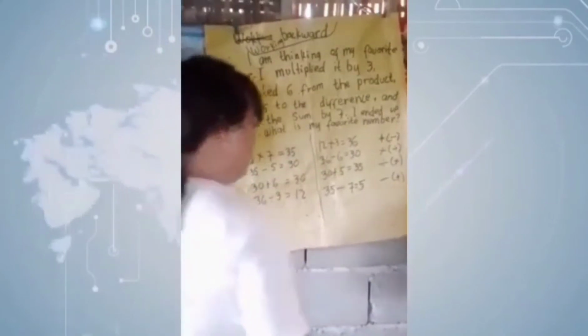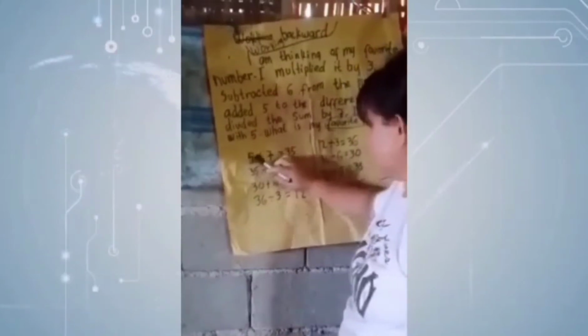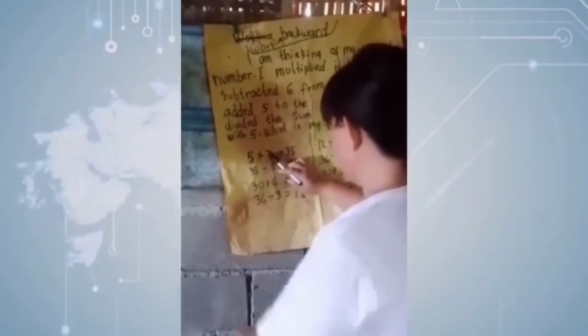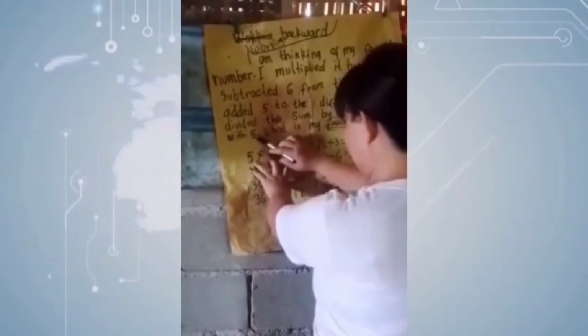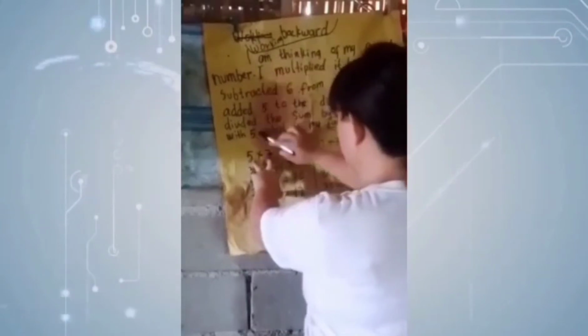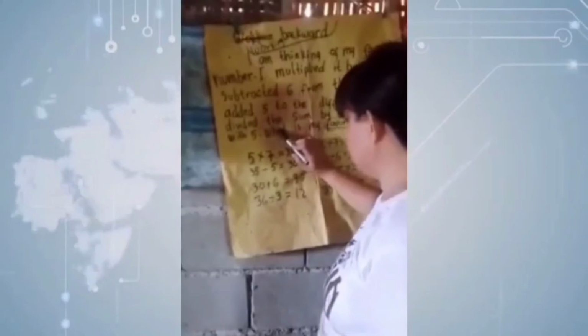So we are looking for his or her favorite number. We come up with this number 5. Since we are going to work backward, we start from the last number of this question.